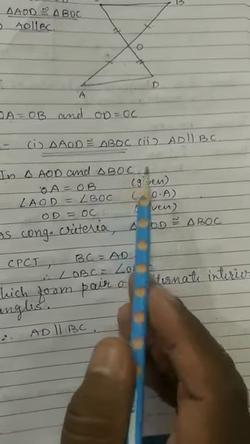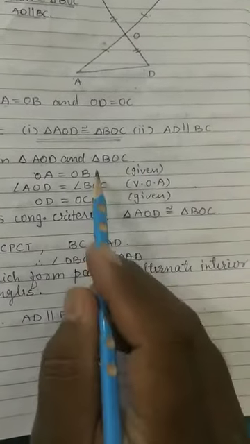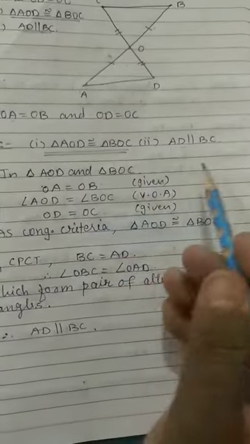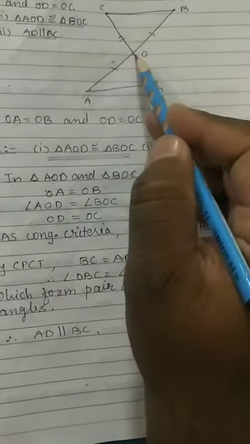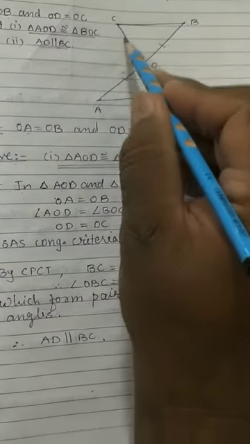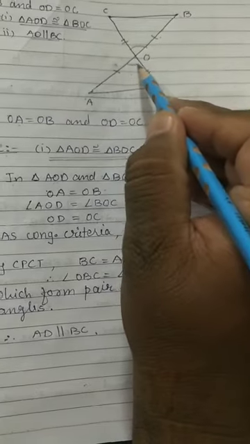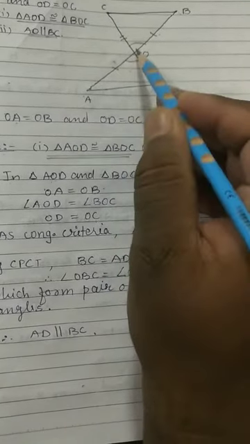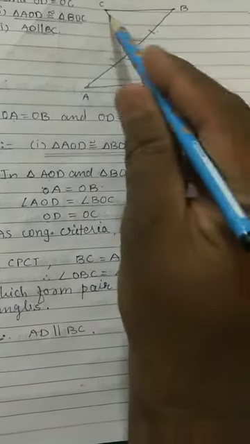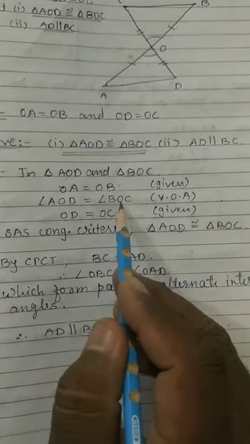You will check that. It is given OA is equal to OB, given to us. OD is equal to OC, that is also given to us. Now we can say two intersecting lines are there. So vertically opposite angles, this one, that is angle AOD and angle BOC, these are vertically opposite angles, so they are also equal, right?